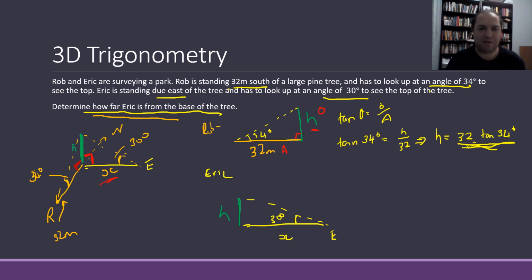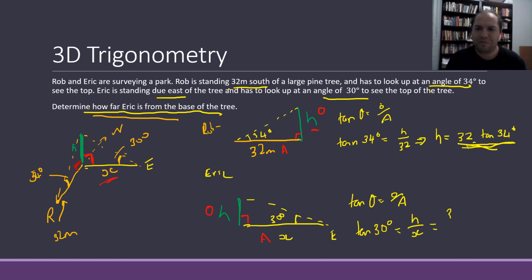Now, once again, we've got a right angle triangle here, so we can use our trigonometry. That's our opposite side, that's our adjacent side. So once again, we can use tan. Tan of an angle equals opposite over adjacent. Tan 30 degrees equals h over x.